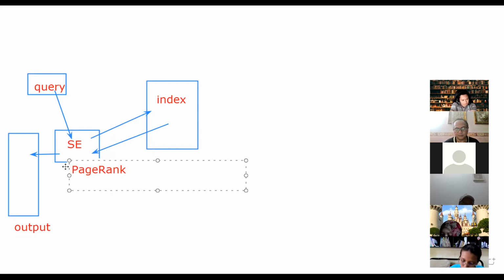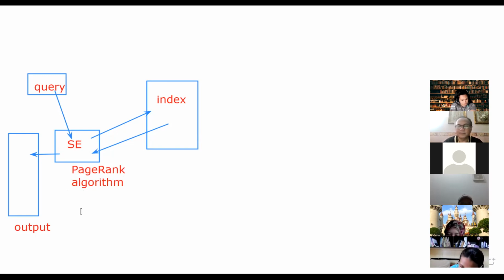The algorithm is at the search engine. The index is just an index. You can even subscribe to this index if you want to build a search engine. You can subscribe to the index from Google. They charge you a fee.